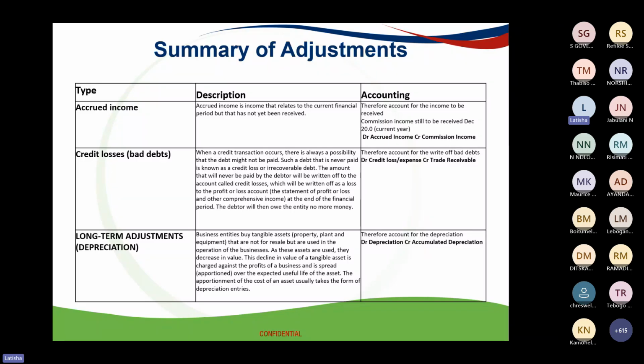I think, Maurice, if you can maybe just explain the difference between depreciation and accumulated depreciation. Okay.